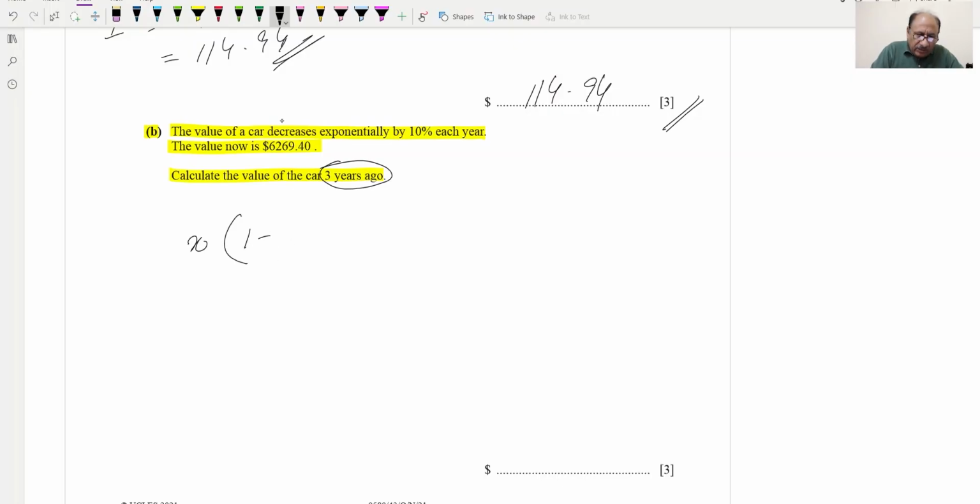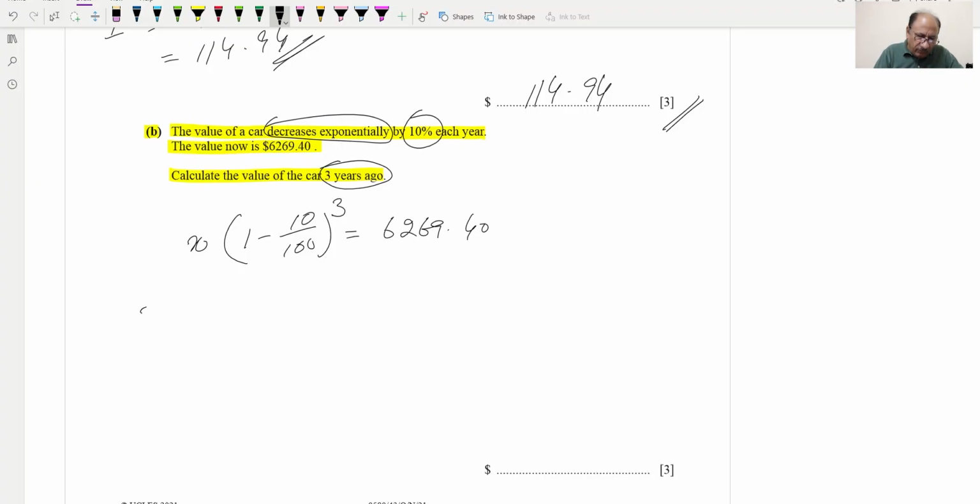Because of exponential decrease. So 1 minus the rate, which is 10 over 100, and the duration is 3 years, and the amount resulting from this is 6269.40 dollars.